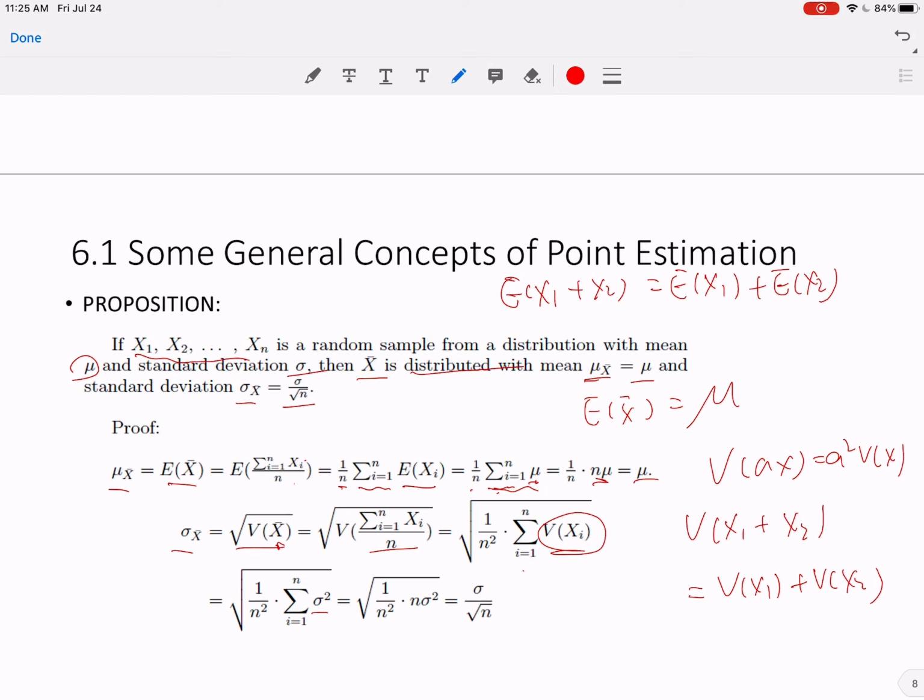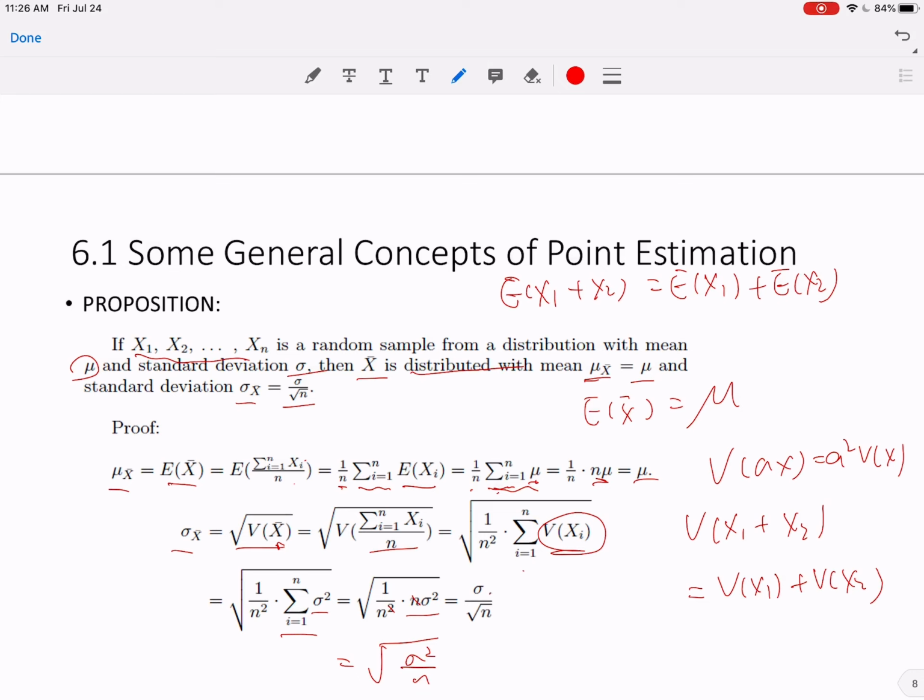Since sigma squared is a constant and we're adding sigma squared n times, we have n sigma squared. Then the n is going to cancel out the square here, so it's going to be sigma squared over n, right? If we take it outside the square root, the square root of sigma squared is equal to sigma, and on the bottom we have the square root of n.